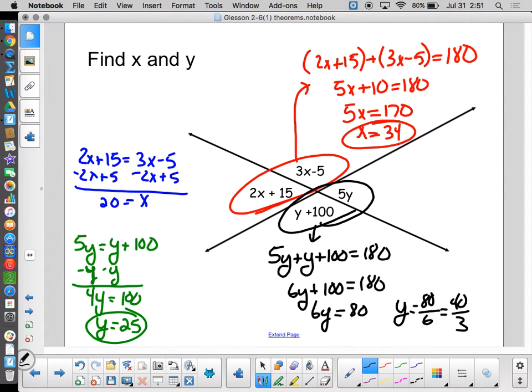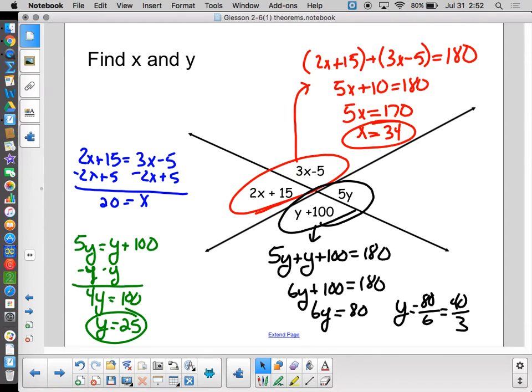Notice we had the exact same values, but depending on how they were arranged, my equations and my solutions were completely different. So when I rearranged the expressions, I came up with different situations. That's why it's so very important, like we've been talking about for a long time: look at the picture, establish the relationship. It's all about relationships. I've been saying that for 2 weeks now.